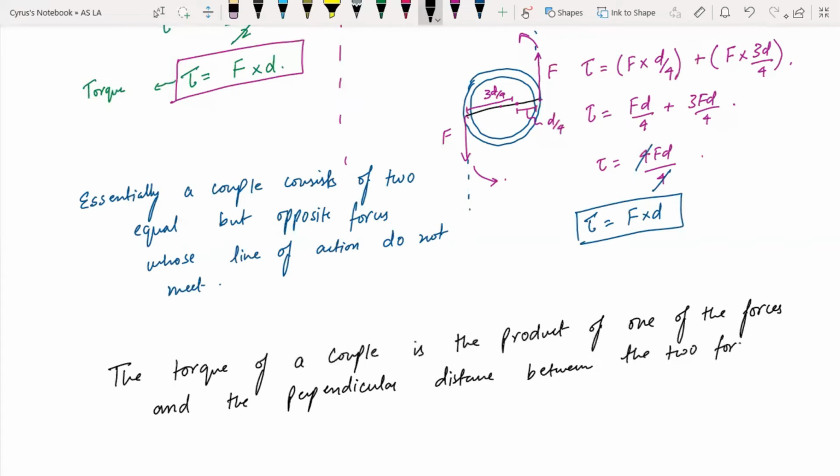Remember that. तो ये आपका torque of couple है.